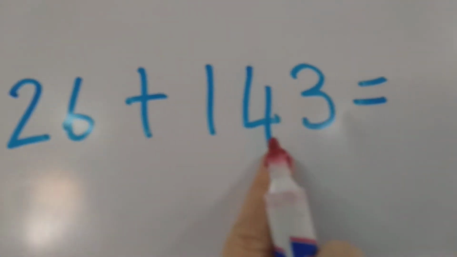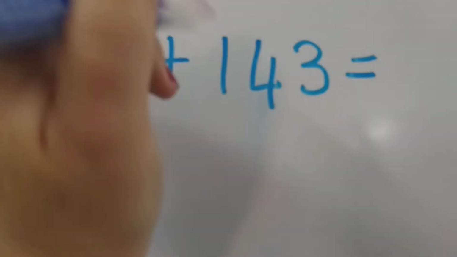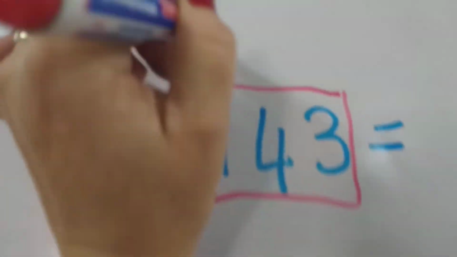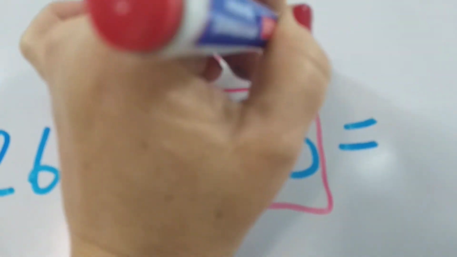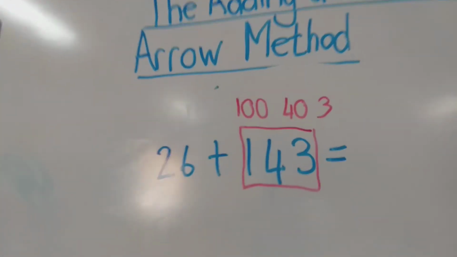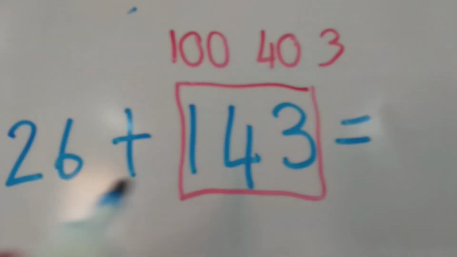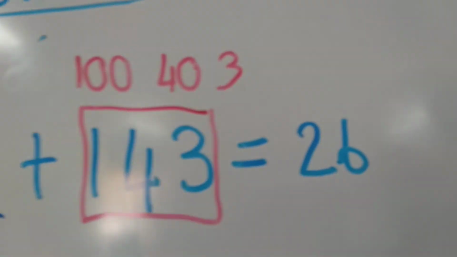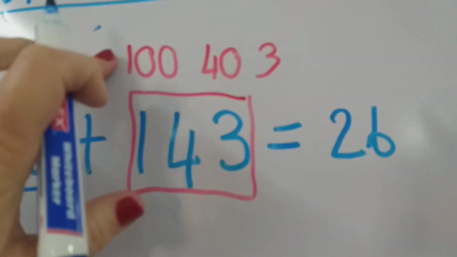The 26 or the 143? That's right, we're going to break down that second number. When we do that, we have 100, we have 40, and we have 3. Now we're going to add it on bit by bit, starting with our 26. Write that down again. 26 plus what? Plus 100.